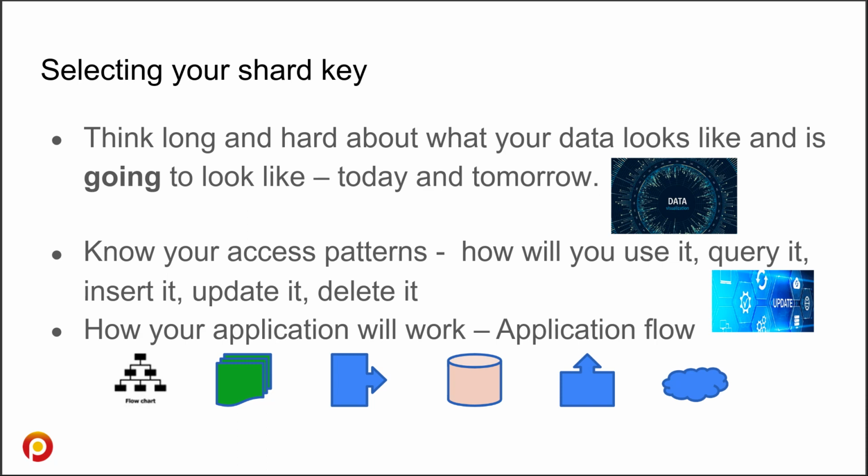And then the application itself, how is it going to flow? Is there going to be a middle tier between the application and Mongo? Are there going to be other ancillary products or software that's going to be reading from Mongo, as well as the application writing to it? All those put together will help you in selecting your shard key.